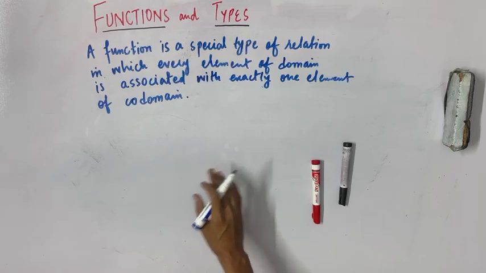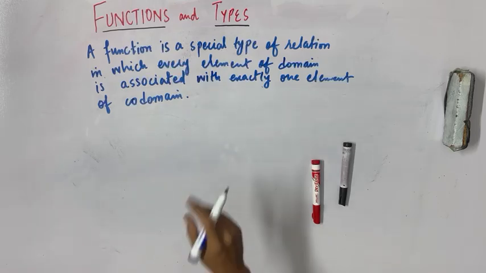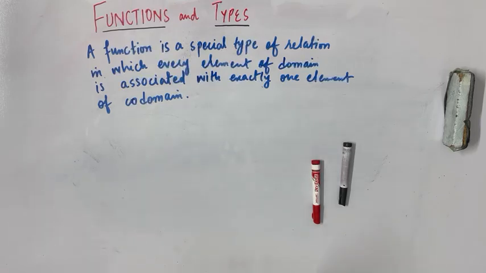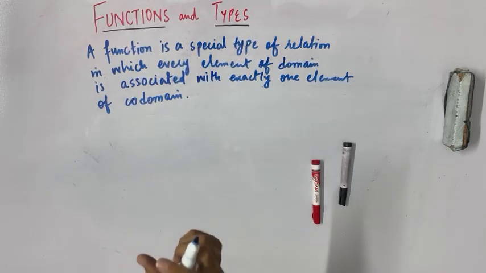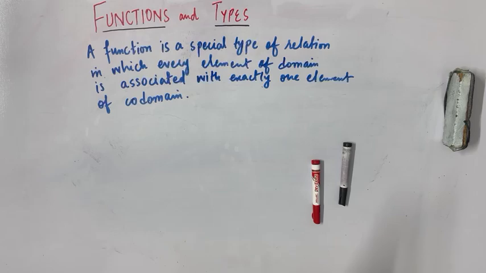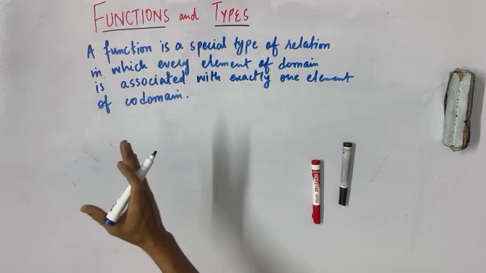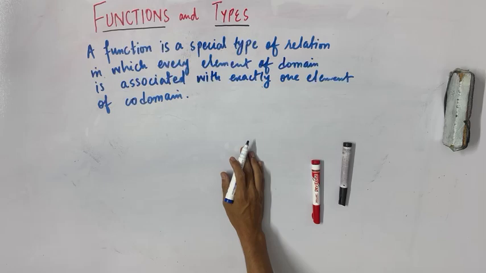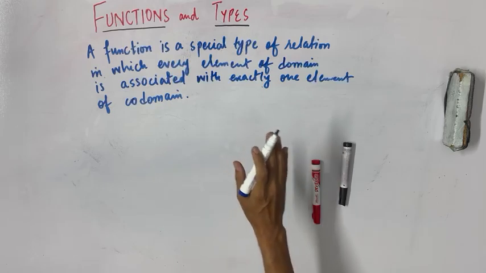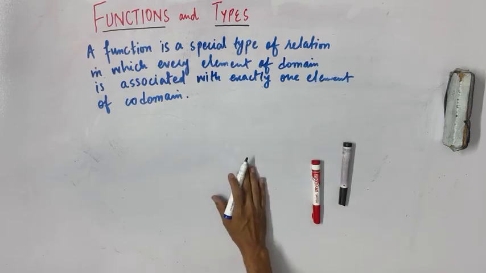So when you press the button, your fan is turned on. So for one element of domain, the button is the domain or the input and your fan is the output. So one input and one output, but it is written exactly one element of codomain, meaning exactly one output only for a particular input.